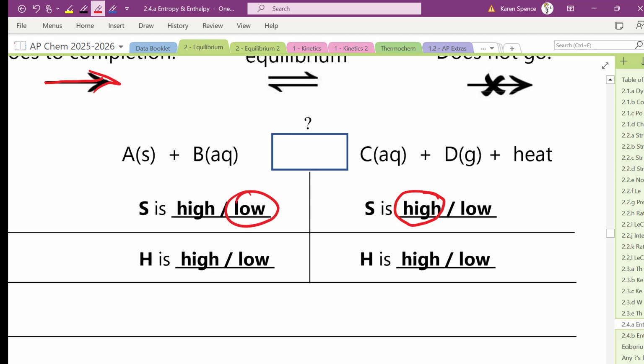Is that what you guys got? Okay, excellent. So what that means, which direction is entropy pushing us? Entropy is pushing us to the right. Enthalpy, which side is higher and which side is lower?